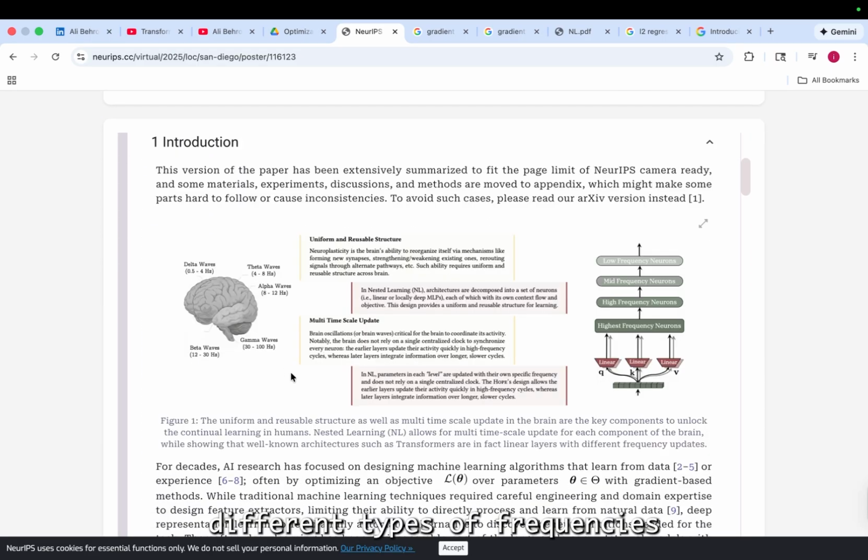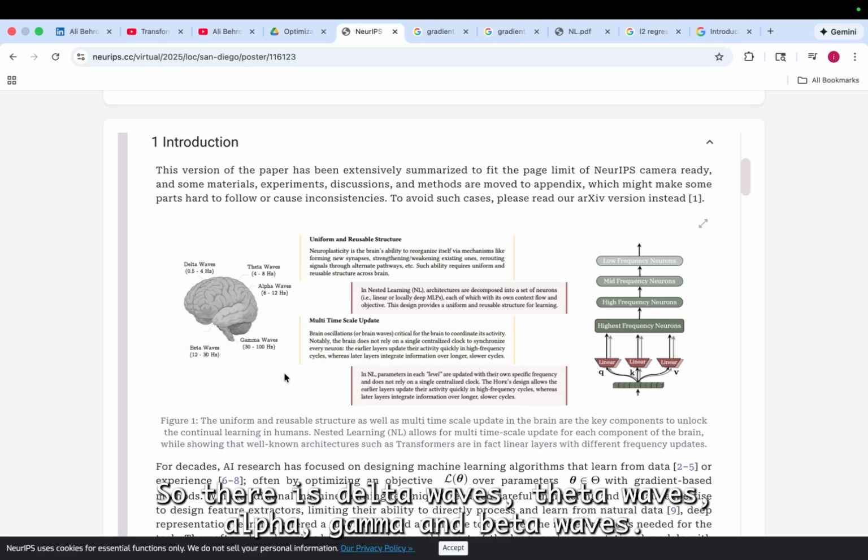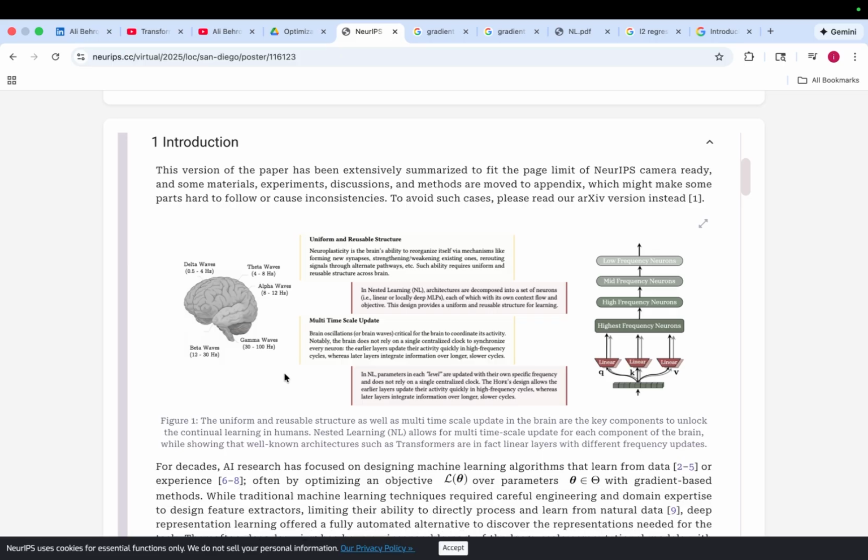To begin, there are different frequencies at which the brain works: delta waves, theta waves, alpha, gamma, and beta waves. They use this neurological study to map the architecture they created, to get an accurate representation of how a transformer could work.